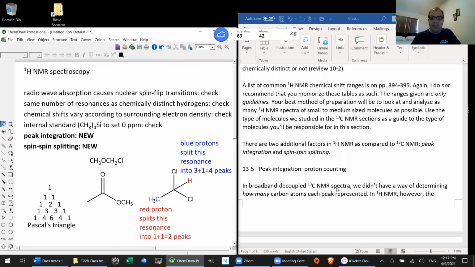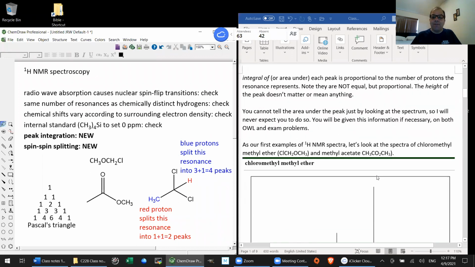And we didn't really use that in carbon NMR because almost always nowadays, and certainly it was the case for us, all of the carbon NMR spectra we looked at were what they call broadband decoupled, which is a method that more or less makes peak integration useless, among a lot of other things, but it also simplifies the spectra a tremendous amount. So there's a huge payoff for that.